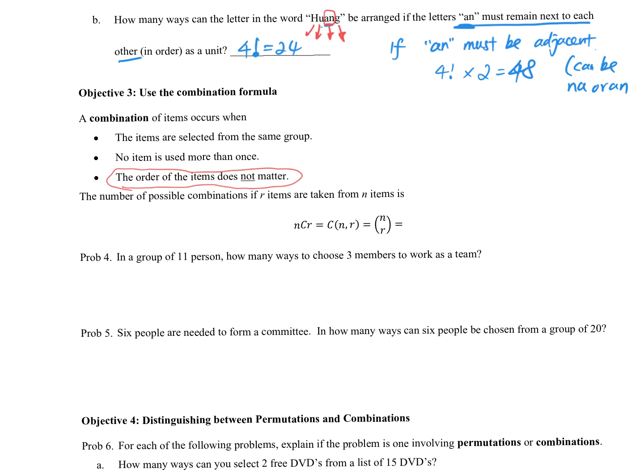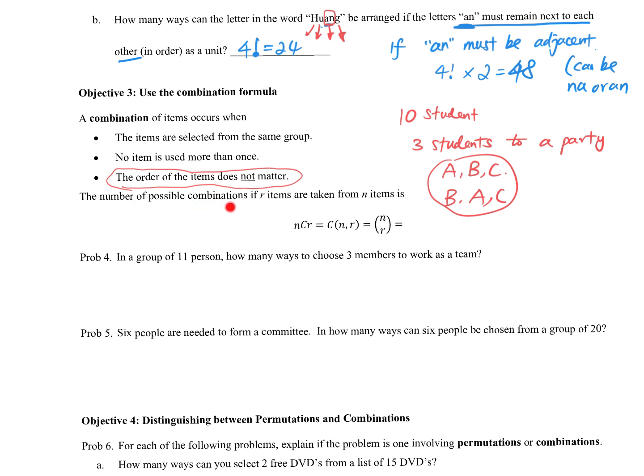For instance, if I invite 3 students from 10 students to a party, A, B, C being invited is considered the same as B, A, C getting invited. So the order really doesn't matter in this case. That is the combination.